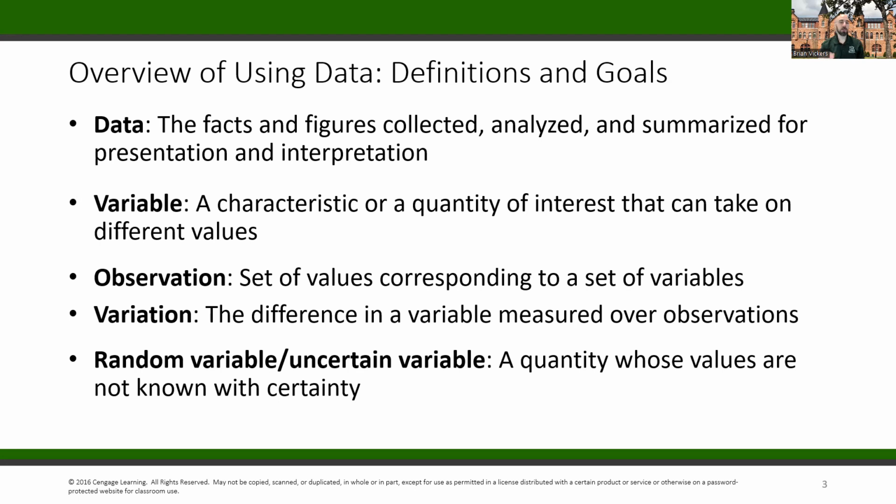Observation specifically refers to not just the idea of looking at something. You might think of observation as, okay, I'm observing something, but an observation is going to be all of the specific instances of one observation in a set.